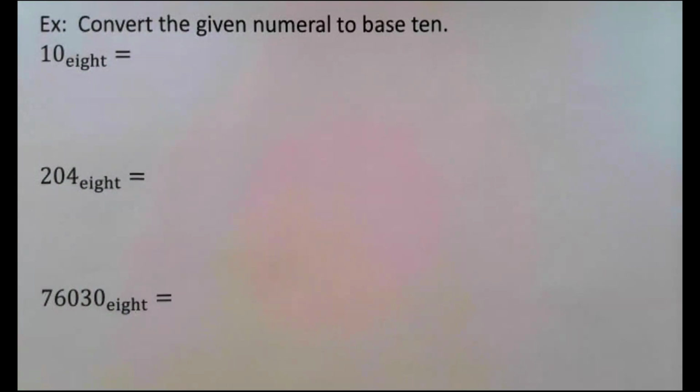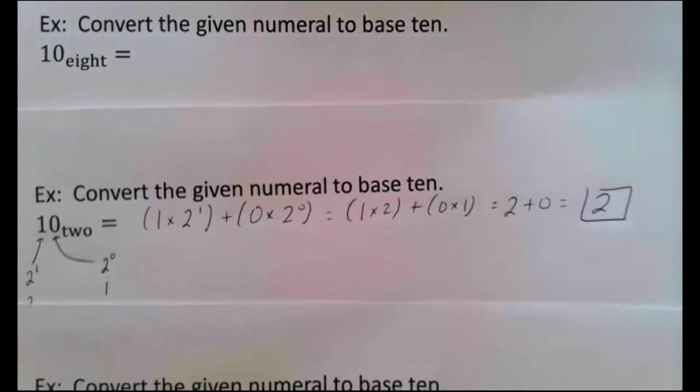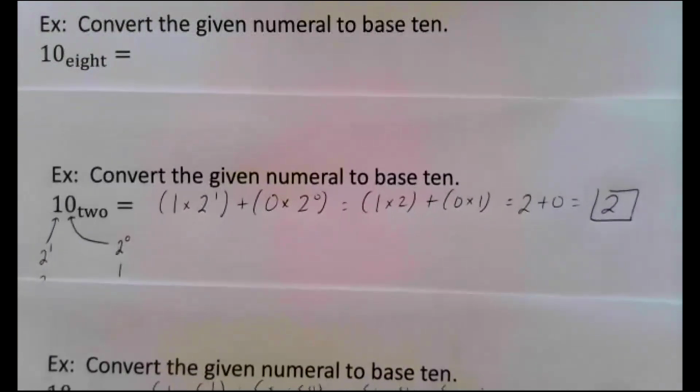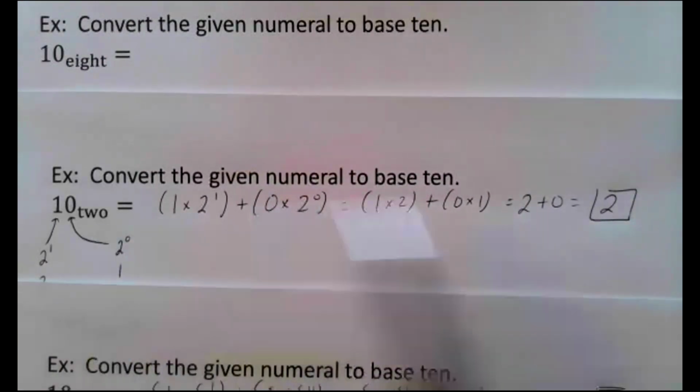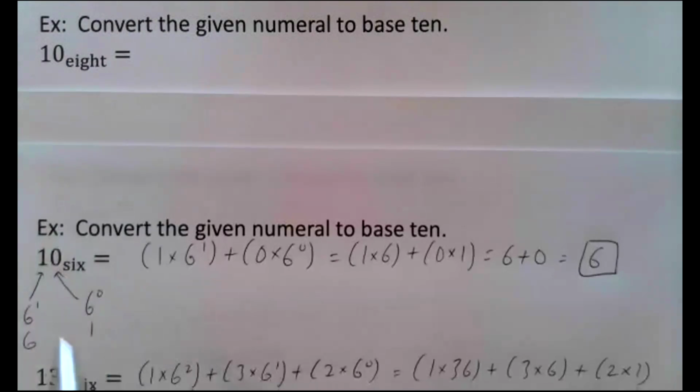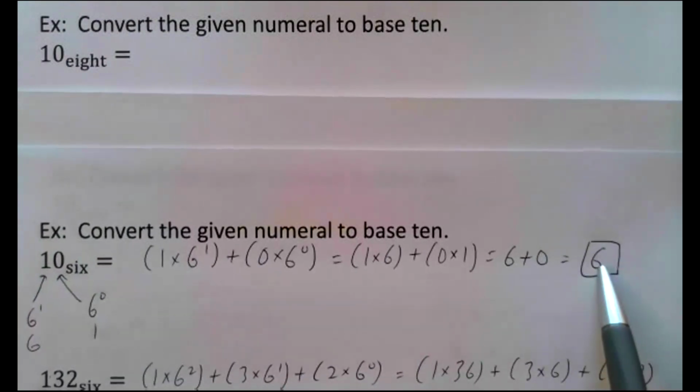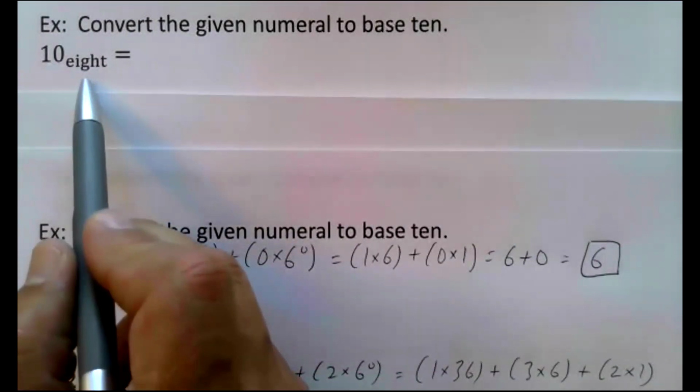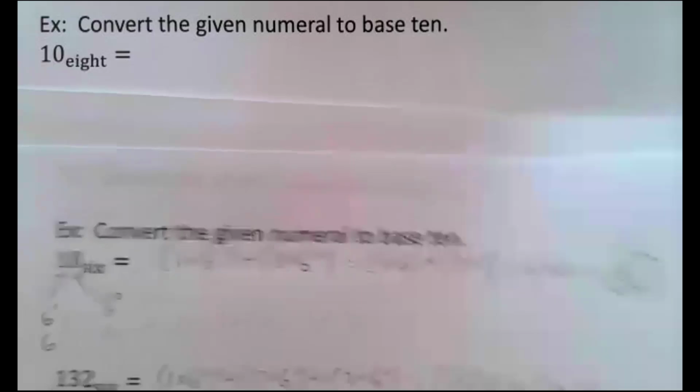Remember what I just told you about when it says 1, 0. We had talked about when it says 1, 0 base 2 happens to equal 2. Remember 1, 0 base 6 happened to equal 6. I bet you can guess what 1, 0 base 8 is going to equal.